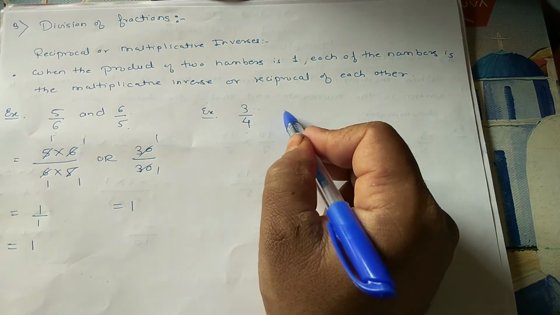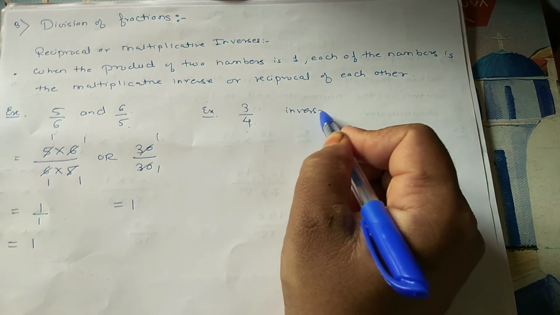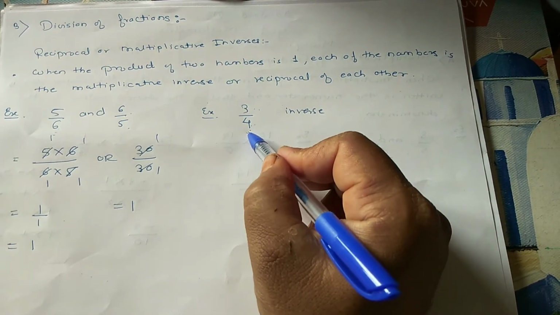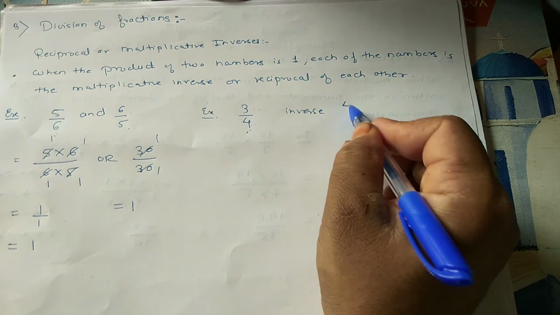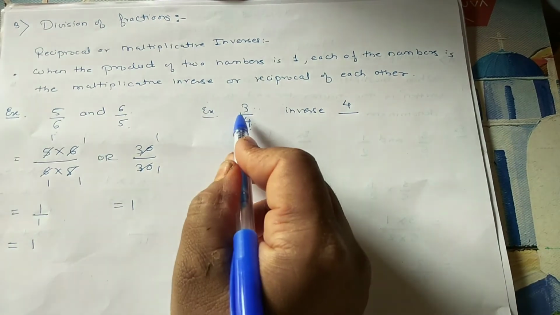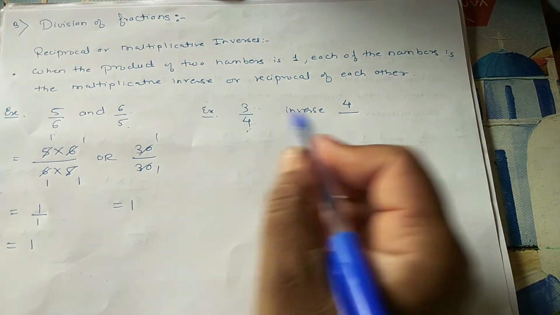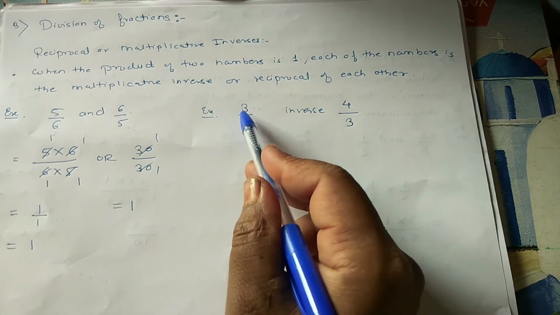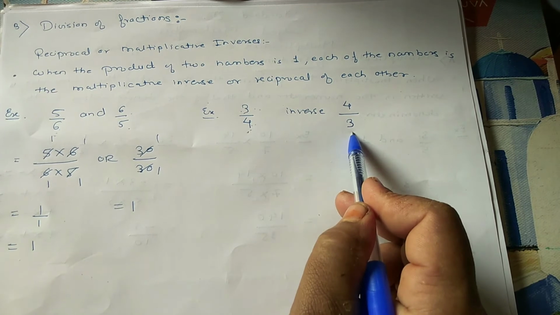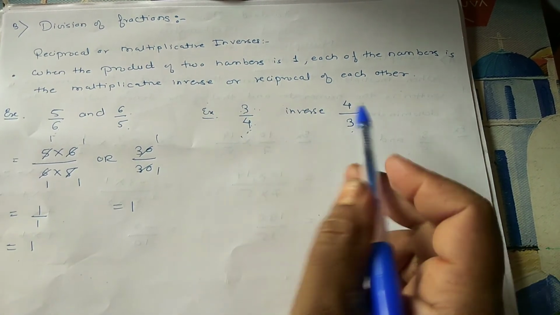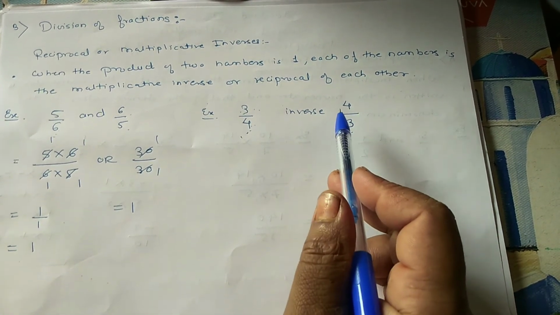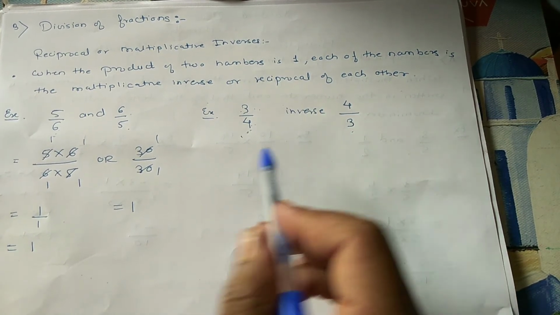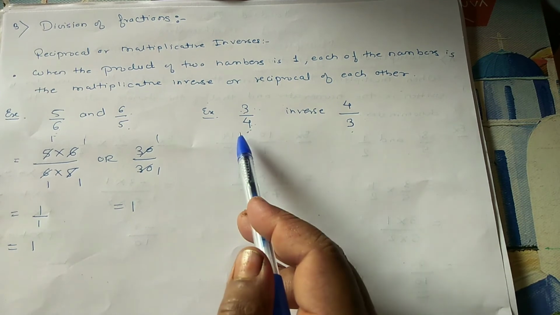So whenever we want to write the inverse of 3 upon 4, you have to change the position. Here 4 is at the denominator, so it should be at the numerator. In this case 3's position is the numerator, so when we obtain the inverse, it should go to the denominator. Just by exchanging the numerator and denominator positions, we can obtain the inverse of the number.